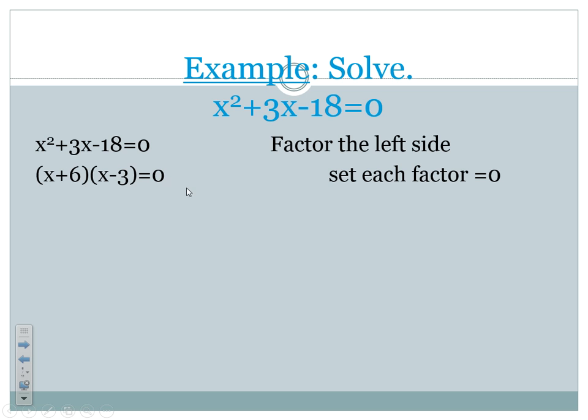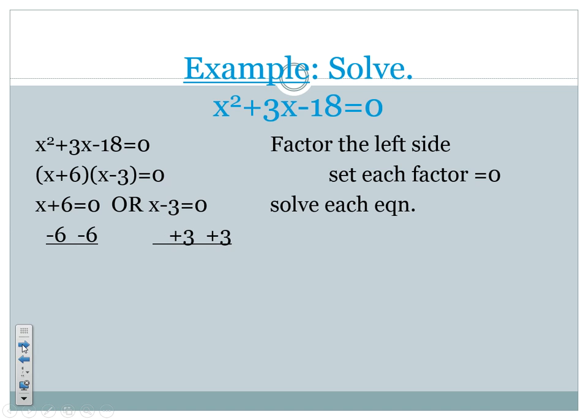Now what we want to do is set each of these factors equal to 0. So that means that x plus 6 equals 0 or x minus 3 equals 0. Once we set each factor equal to 0, which is the zero product property at work, we will solve each equation. To solve the first equation, you subtract 6 from both sides. And to solve this equation, you add 3 to both sides. And so we will discover that x is negative 6 or x is 3.